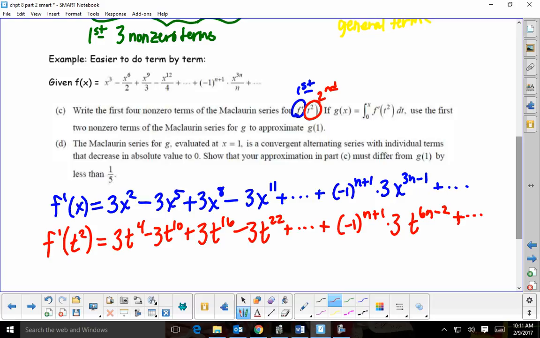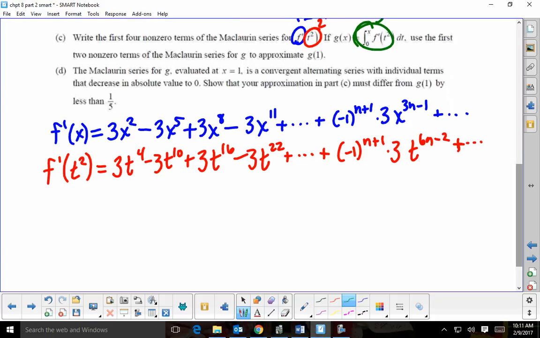Then it says, if g now is the, oh my goodness, what do they have me do next? Take the integral. So now we have to take the antiderivative of this guy.